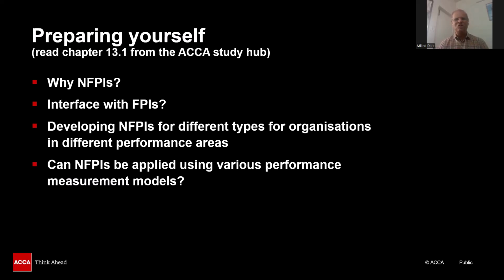So the reasons behind the financial outcomes will be better understood if you make use of NFPIs in evaluating your business performance. They should be aligned to the type of organization, whether it's for-profit or not-for-profit, manufacturing, service, technology.